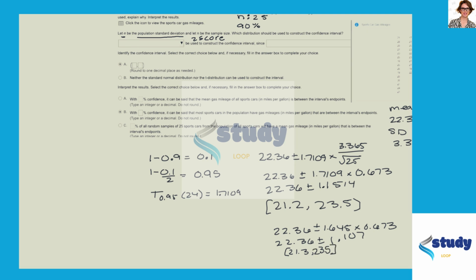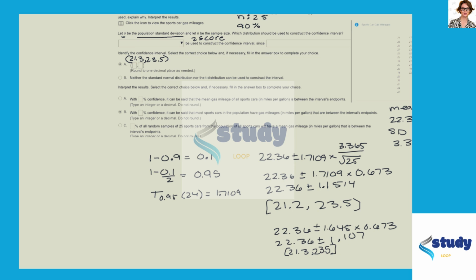So either way, it's going to be very similar. So 21.3, comma, 23.5. And then it says, interpret the results.